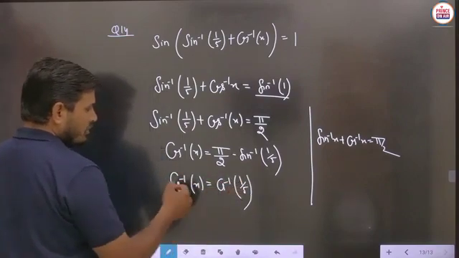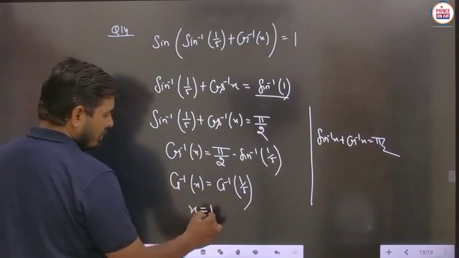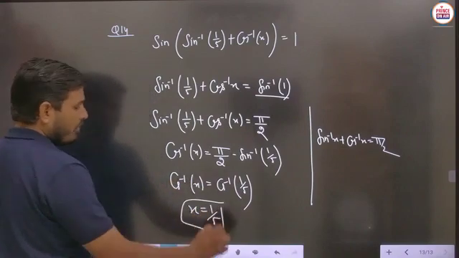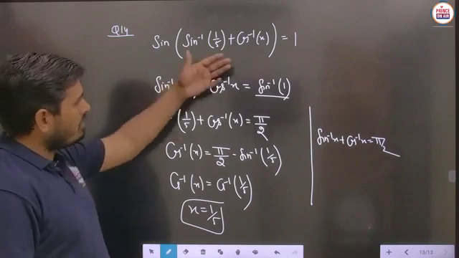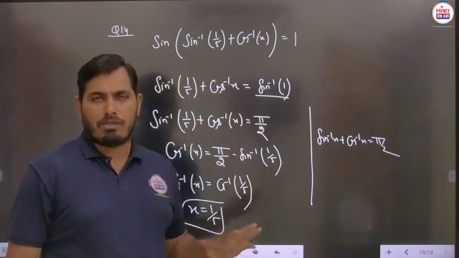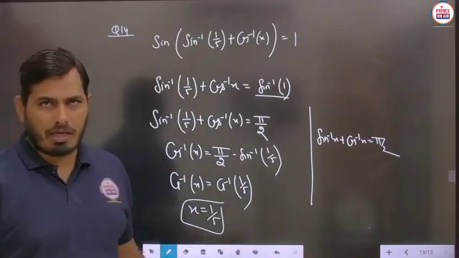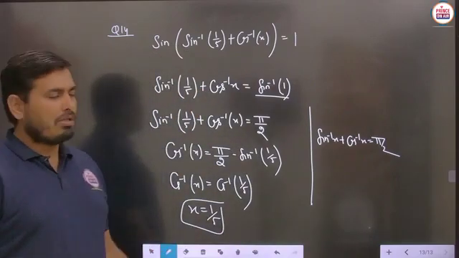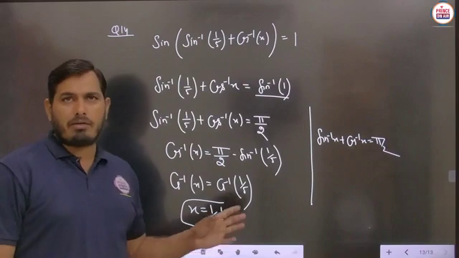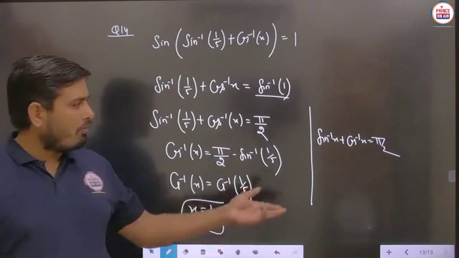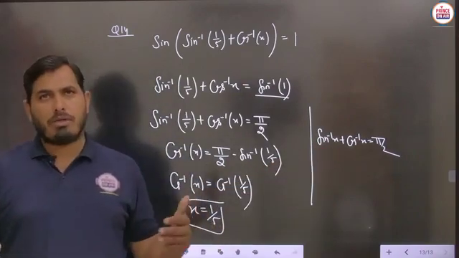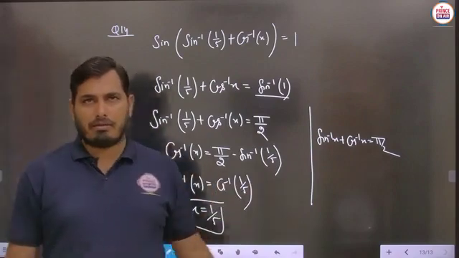So now the cos inverse will get cancelled out, and you will obtain the value of x equals 1 by 5. That you can already tell from the given expression. So in such objective questions, you can directly think about this part, but subjectively, how this question is solved in the copy and what property we are using, we have to mention that part. That's why we are doing it like this. Is it clear?